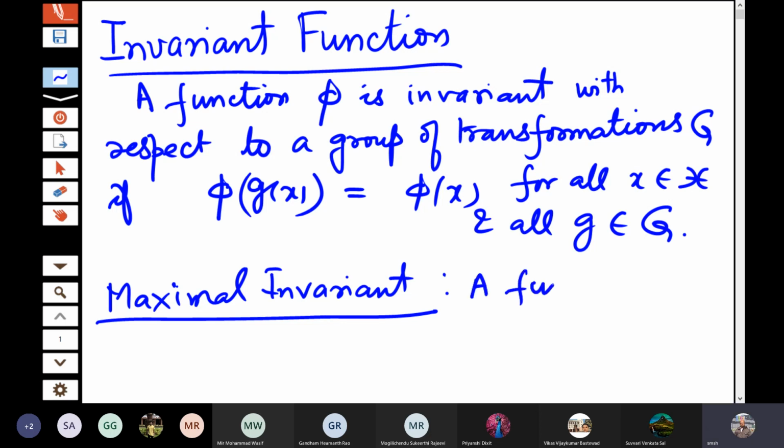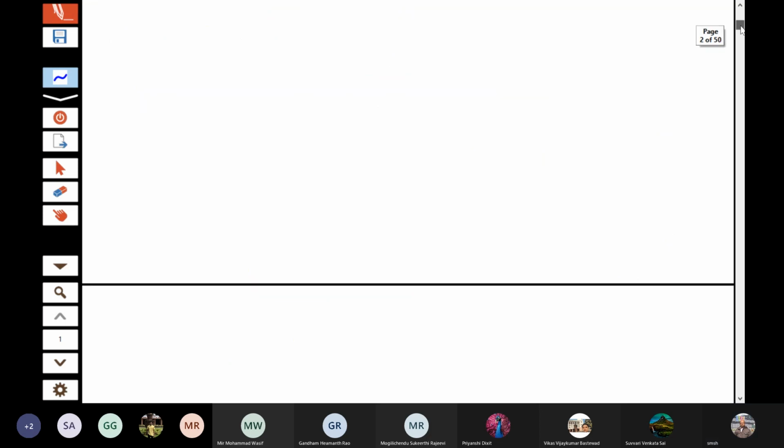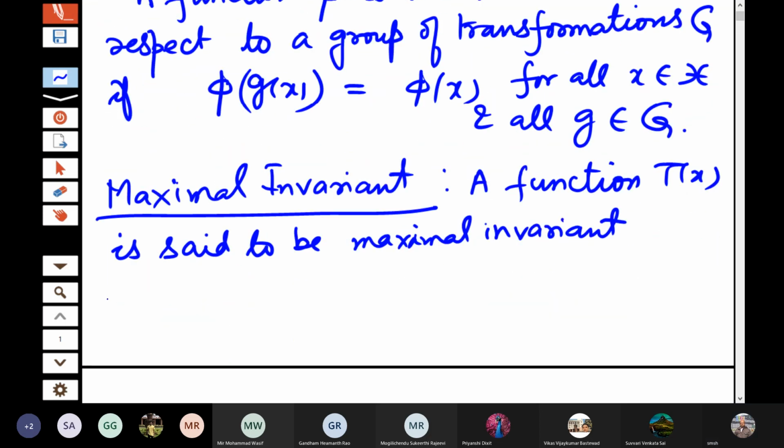So a function, say T(x), is said to be maximal invariant under a group G if it satisfies two conditions.